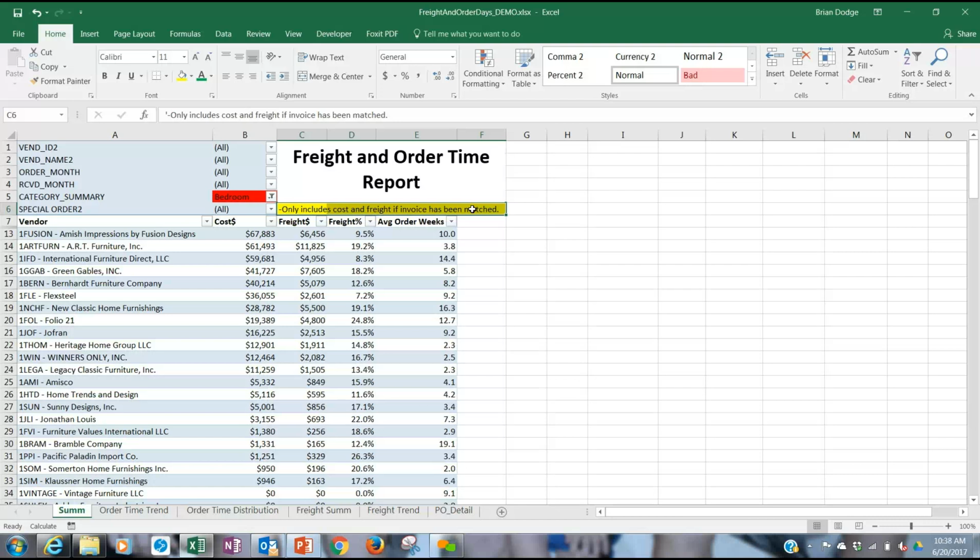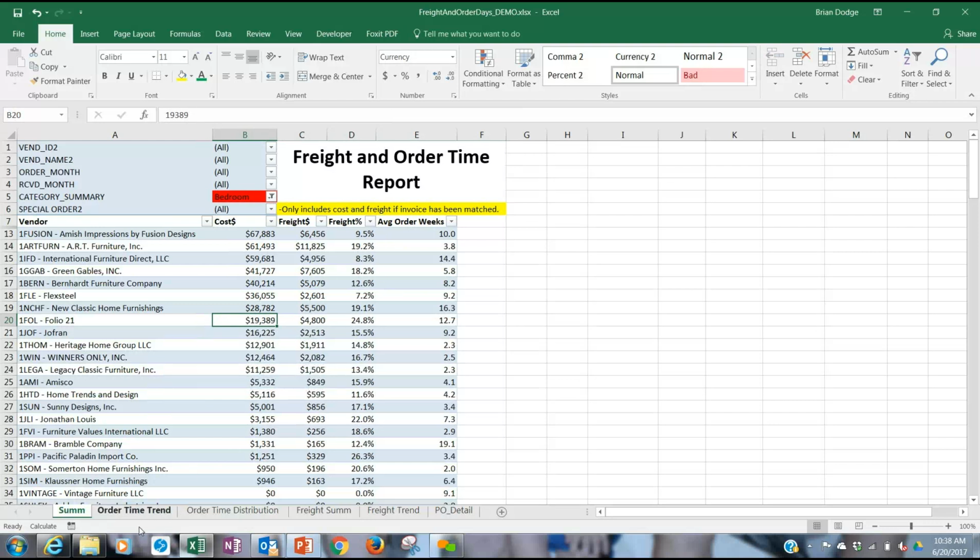As we go through this with different clients, we try to highlight that the cost and freight have to be matched based on invoice. Okay, that gives you the summary: the vendor cost, the freight information, freight percentage, as well as the average order time.